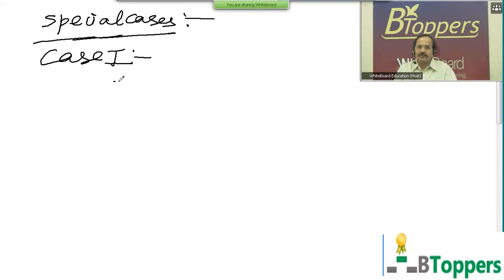So next I am going to discuss mainly two special cases in the projectile motion. In the case of oblique projection, there are a good number of problems and examples which come under special case 1, which were given a number of times in the previous entrance examinations.